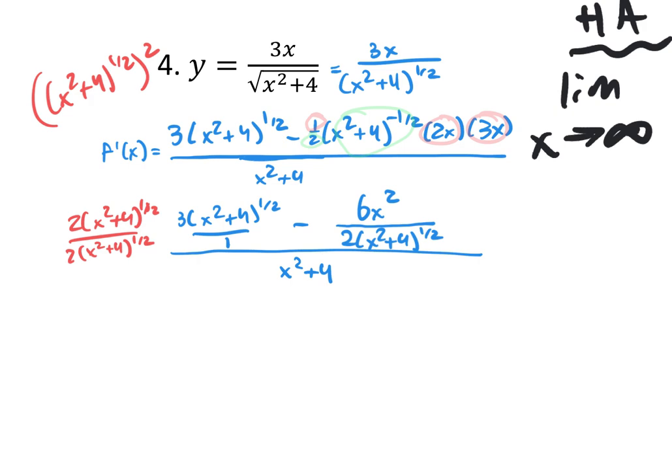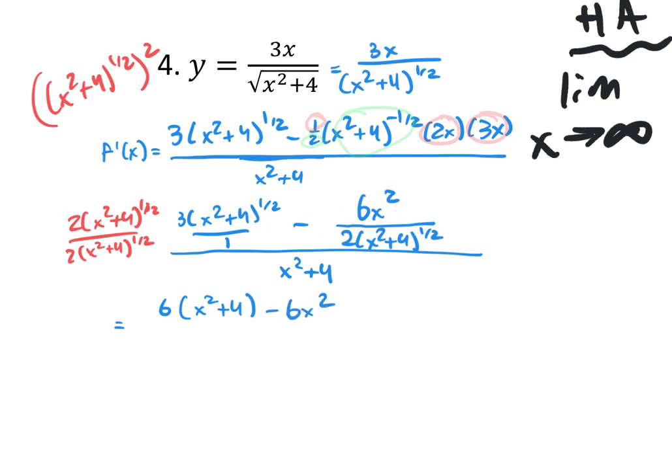And that gets you 3 times 2 there is 6. And then the x squared plus 4, you really take the exponents and add them together, and you get really just 6 times x squared minus 4. Then I'm going to subtract that 6x squared from over here.